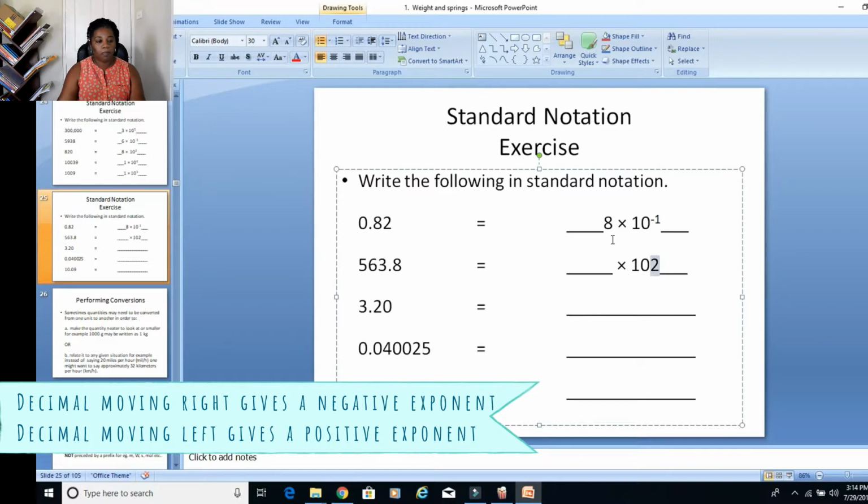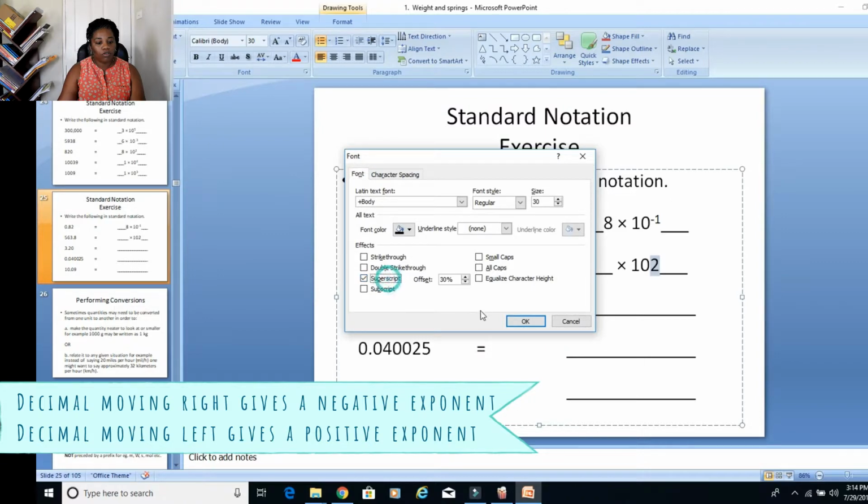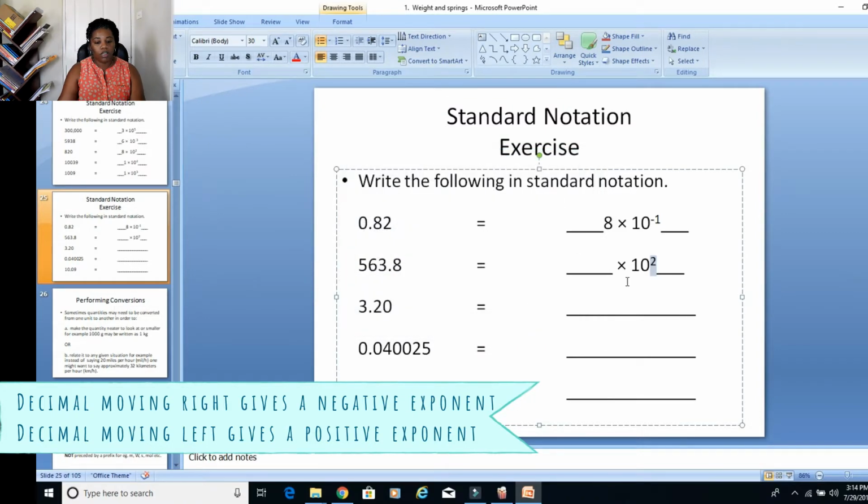10 raised to the power of 2, superscript, okay. And now if you move this between the 5 and the 6, what's happening?